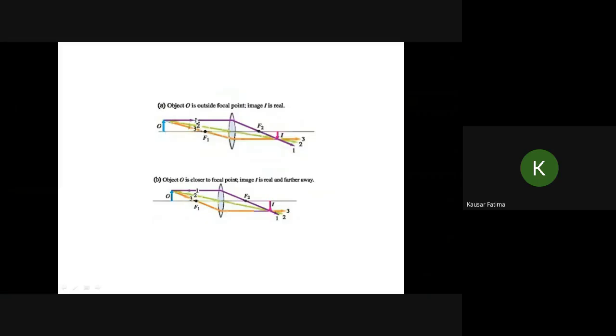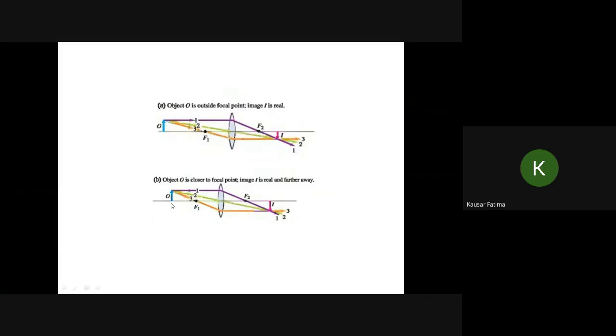One ray goes through F2, and the other ray goes through the optical center. The point where these rays intersect each other will be the point of image formation, where the image will be formed. Here the image is real, inverted, and smaller. We call it diminished.